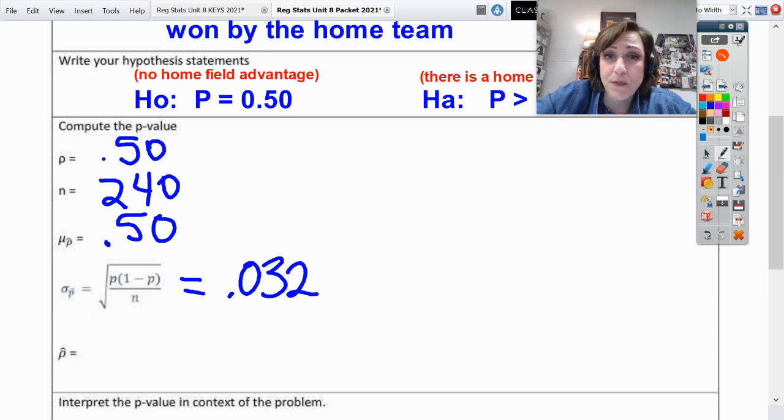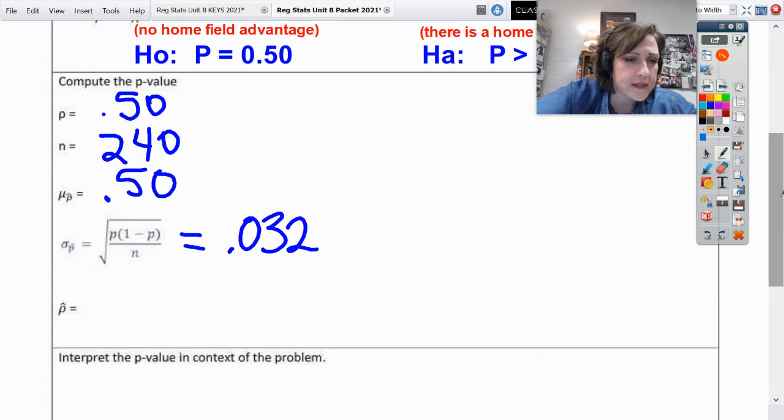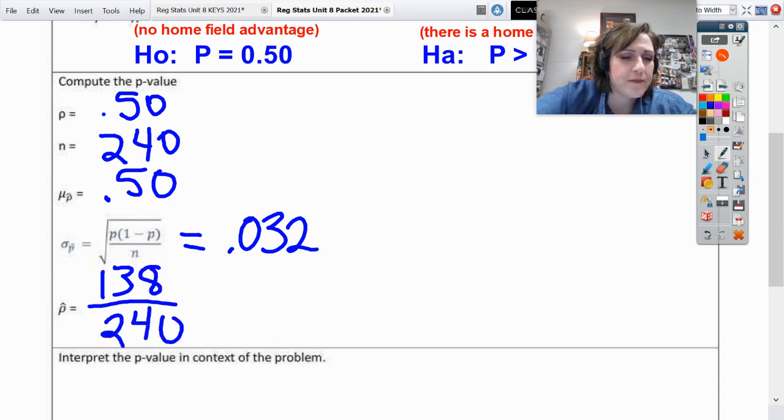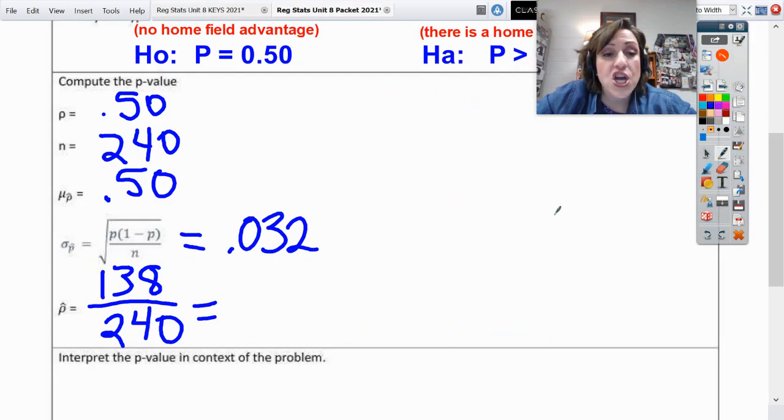And the sample results that we got were 138 wins out of the 240. So that's what we have here, 138 wins out of the 240, and we're going to see what that does for us. So that's 0.58.